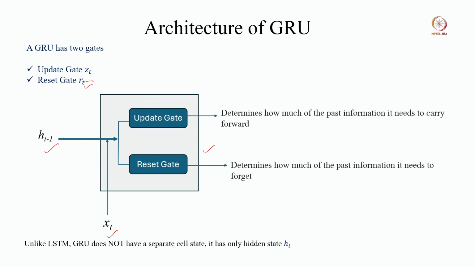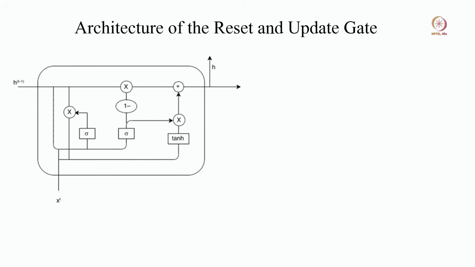Unlike LSTM, GRUs do not have a separate cell state. It has only one hidden state h_t. So, together with the gates, it has a hidden state h_t, but it does not have a cell state. Now, the architecture of the reset and update gate. What exactly is there inside the reset gate and update gate?